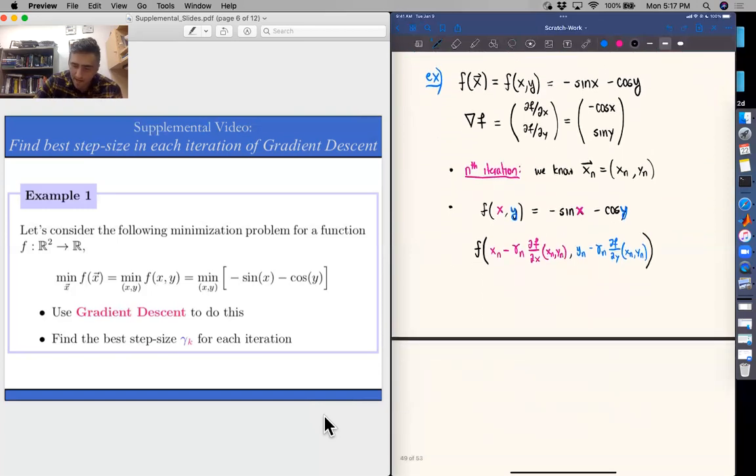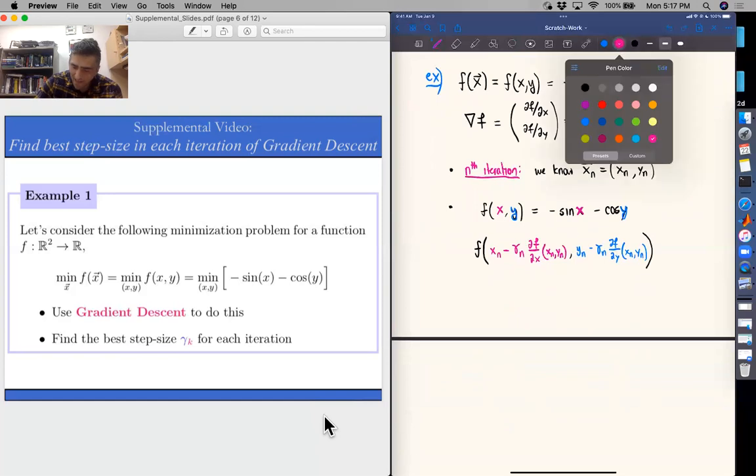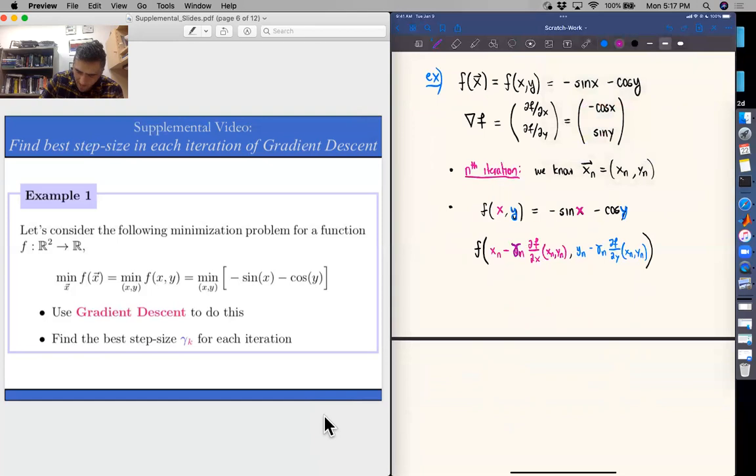So this looks like a mess. I'll just try to highlight again what our unknown is here. Our unknown, of course, is that gamma n. But everything else in this function, we know. We can just go ahead and plug these in how we normally plug things into a function.